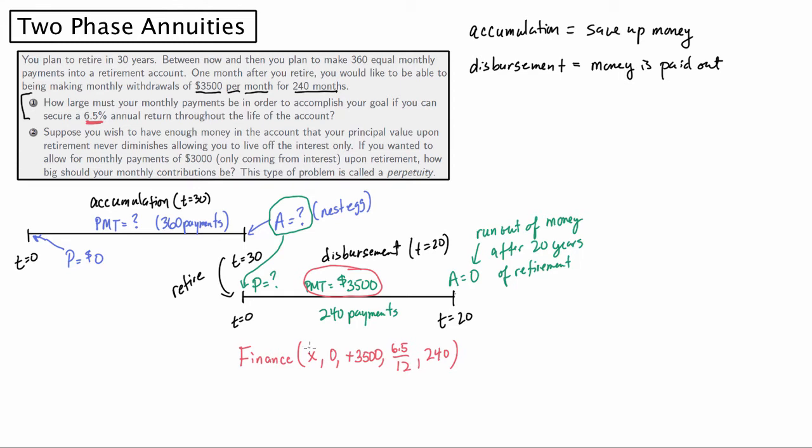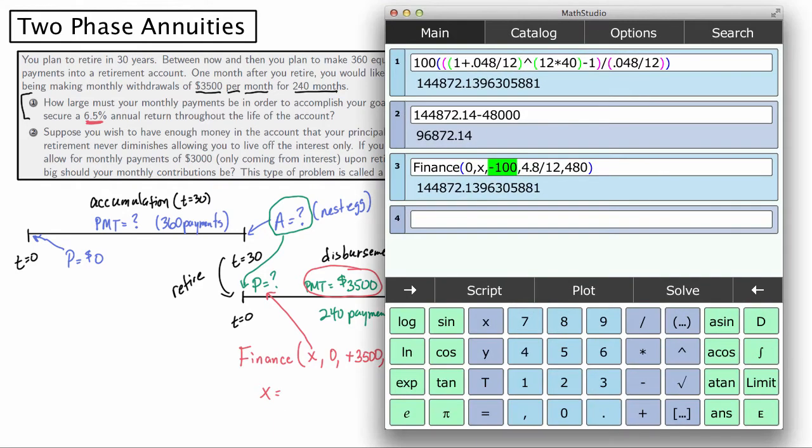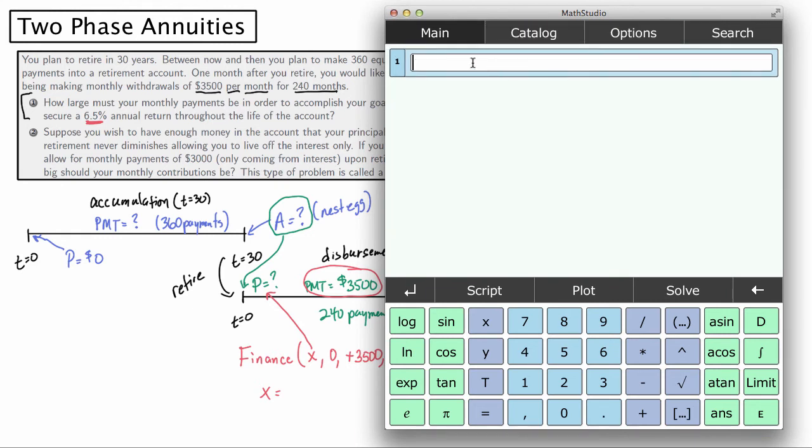And so the X value is going to be this present value here. And so if I bring in the calculator, I'll go ahead and clear out what's in there. So we'll start with a new file here. Then I type in the finance command, just typing in each of the pieces for this problem.